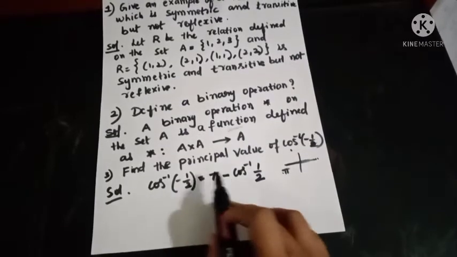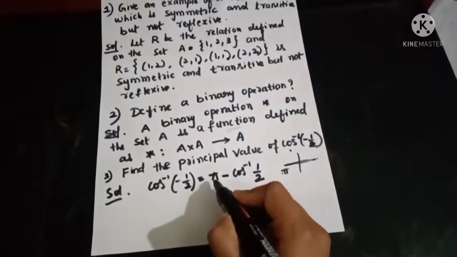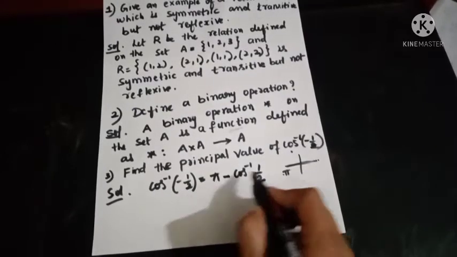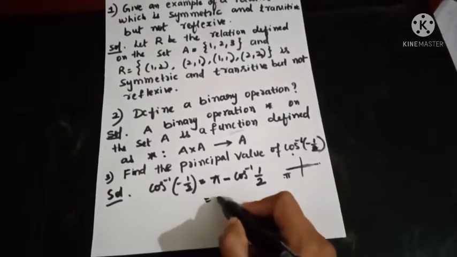Cos will be negative in the second and third quadrants, so pi minus cos inverse 1 by 2.